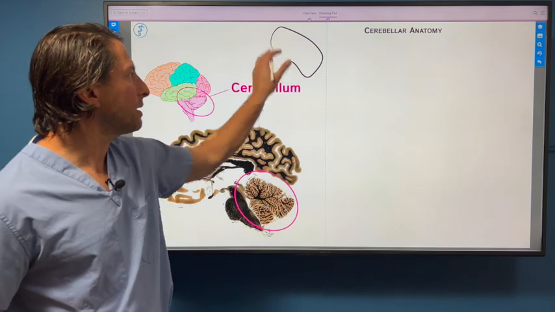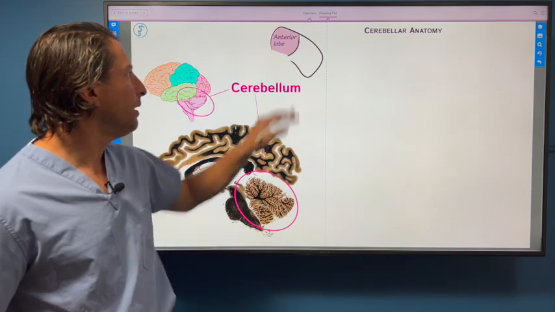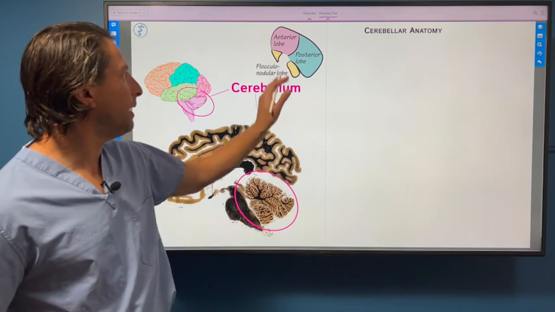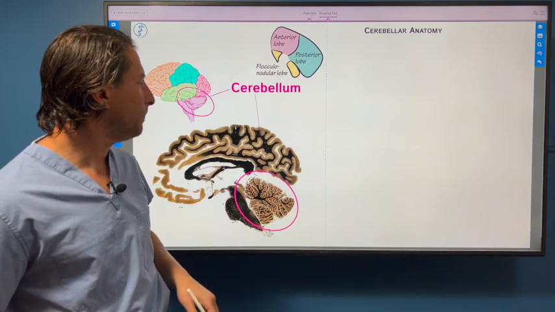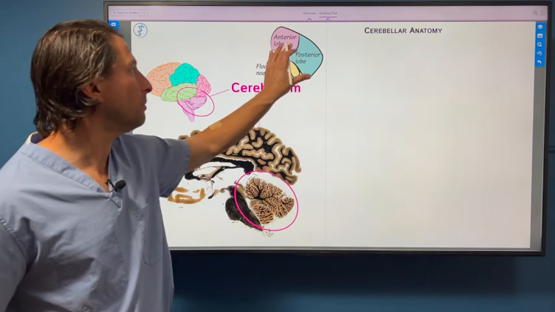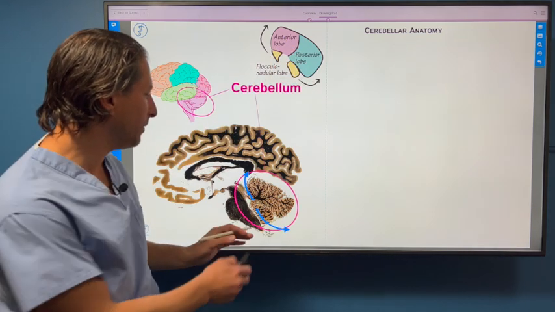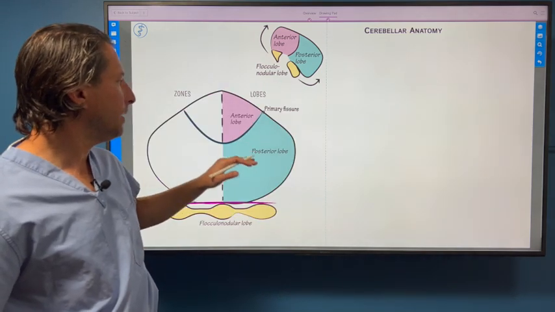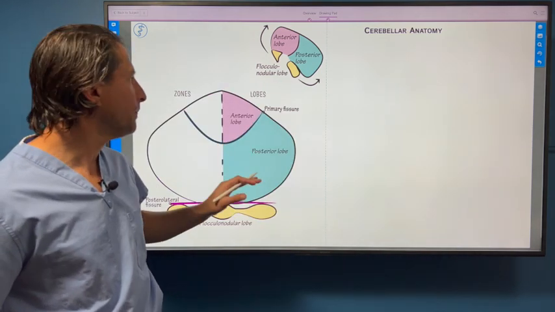So this is a sagittal illustration here. We can see the anterior lobe, posterior lobe, and then the flocculonodular lobe. But then what we're going to do is create this dysmorphic cerebellum. We're going to flatten it out and really adjust its layout in order to learn these modules.